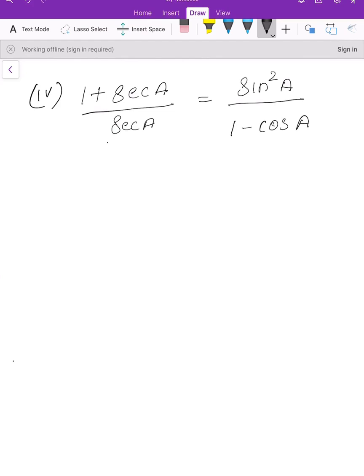So first I'll take my left hand side. Left hand side is (1 plus secant A) by secant A.